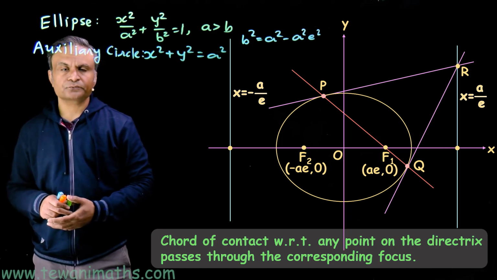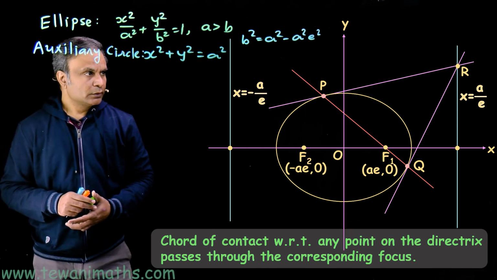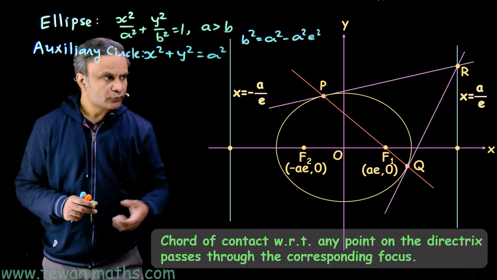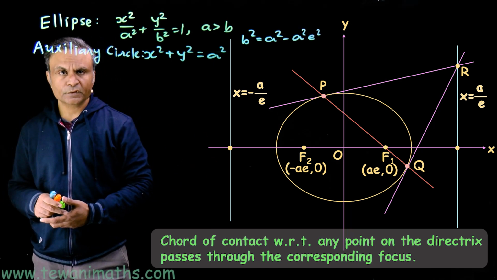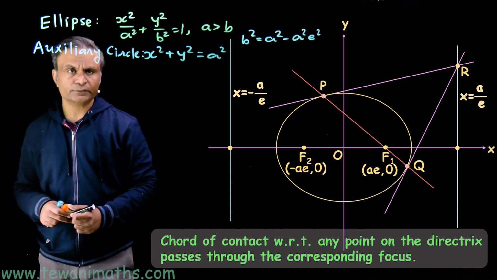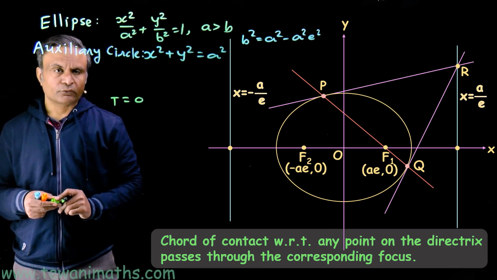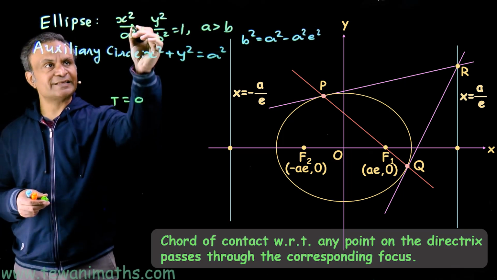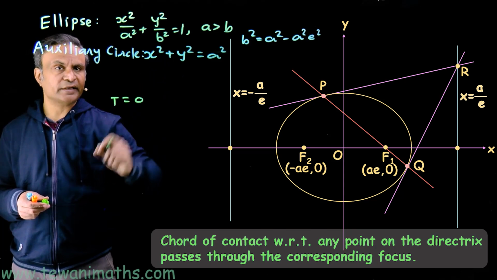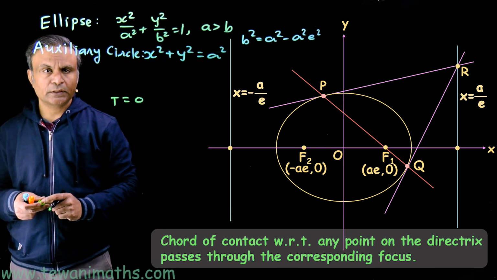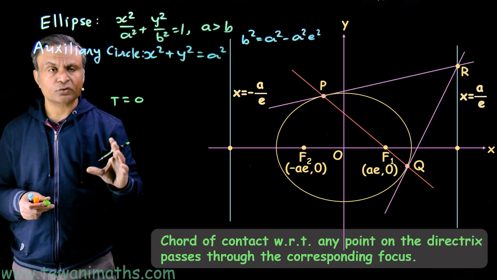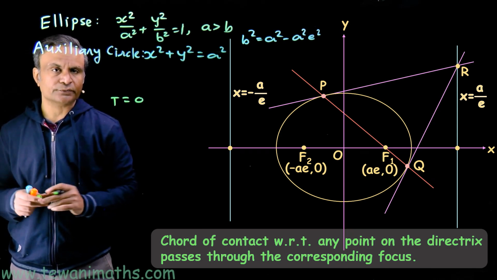Let's prove this. Now, what is the equation of the chord of contact? We know how to get the equation of the chord of contact. The equation is T is equal to 0. What is the structure of this equation? We replace x square by xx1, y square by yy1, where x1, y1 are the coordinates of the point through which tangents are drawn.